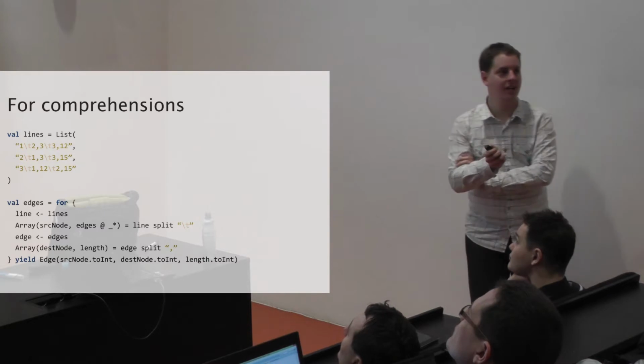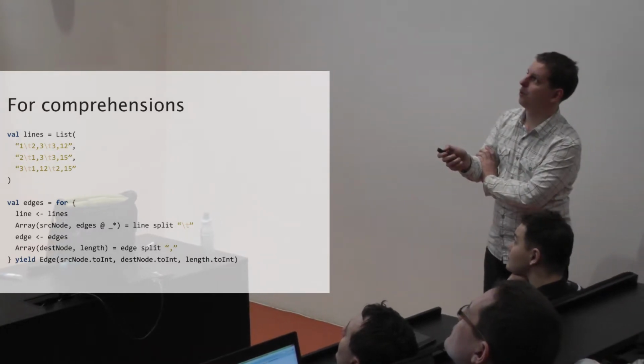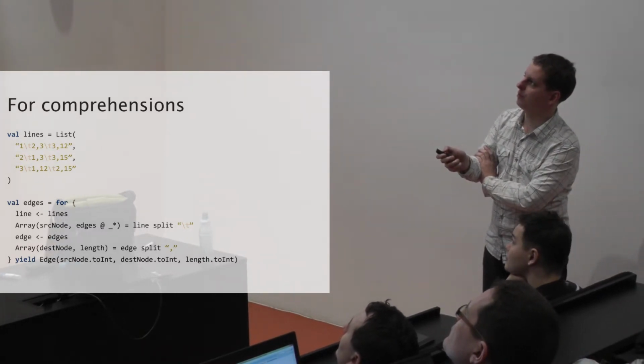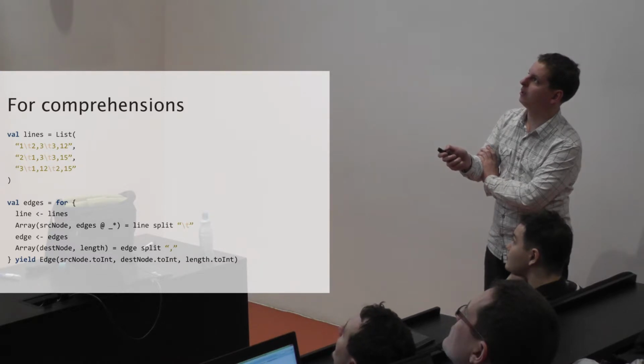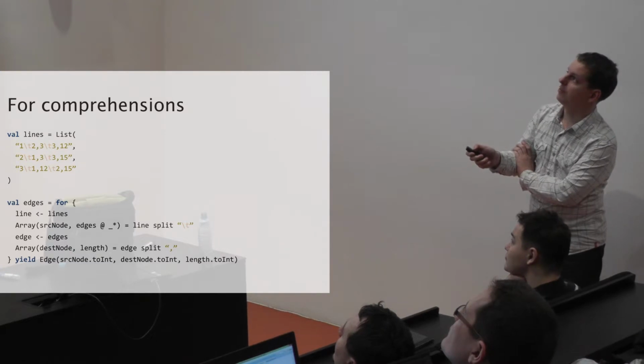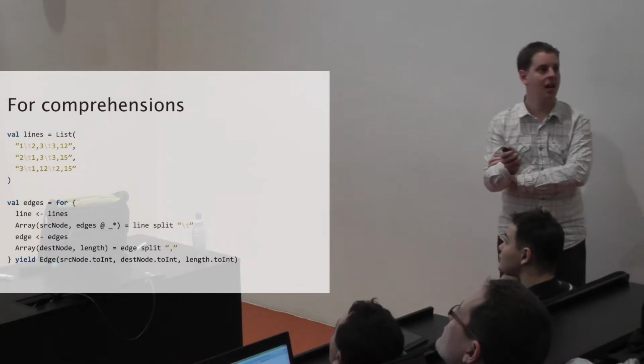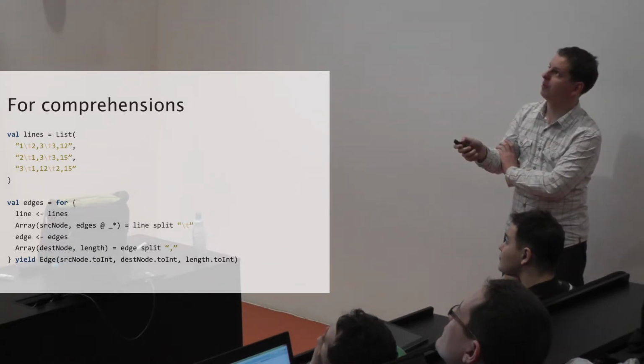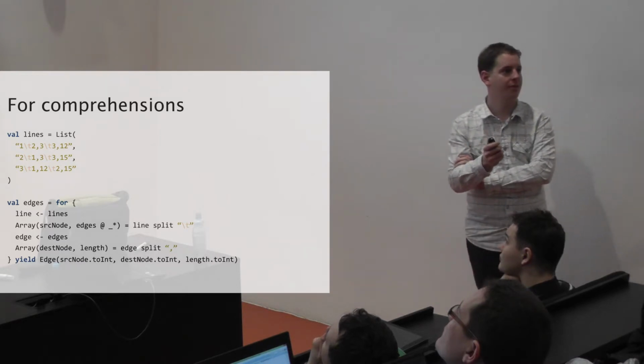So on each line is one node. This is the name of the node, and with the tabulator characters are edges. The first number is the target node, and the second number is the edge's weight.